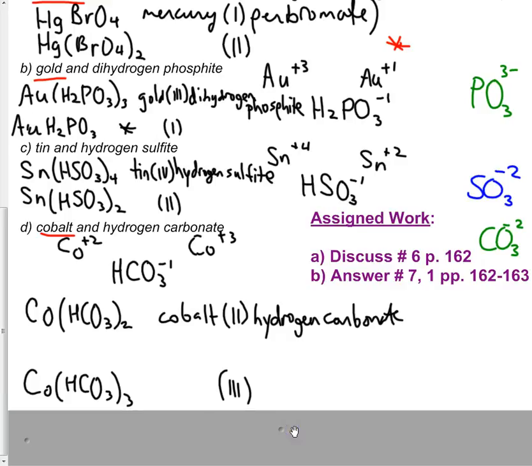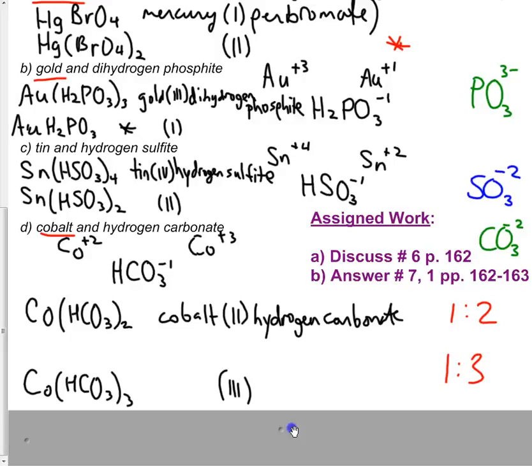And again, the ratio of cobalt to hydrogen carbonates is 1:2 in the first compound, and the ratio is 1:3. Now we're not suggesting that those compounds would have percentages by mass of 1:2 and 1:3 proportionally, but we're saying that the number of ions is going to be 1:2 and 1:3, so that would certainly affect the percentages.